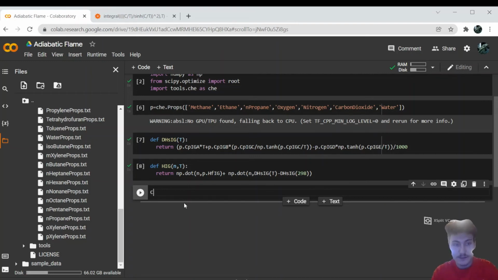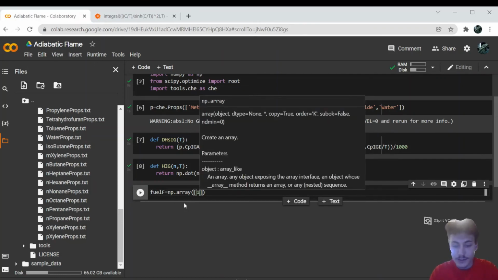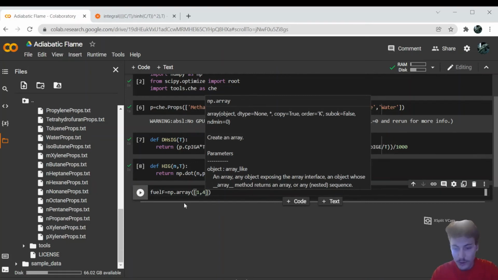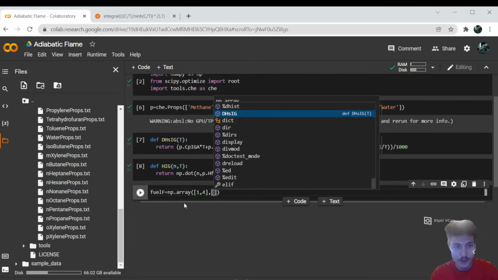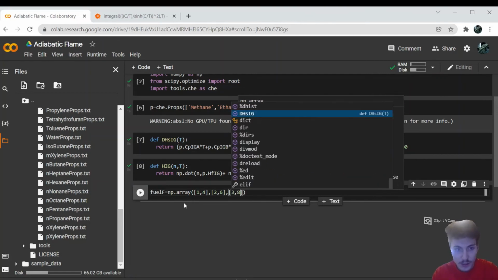We'll say fuel formula is equal to an array. For methane we had 1 carbon and 4 hydrogens, because this is just the number of moles of carbon and hydrogen. So we have 1, 4, and then for ethane 2, 6, and then we have 3, 8.